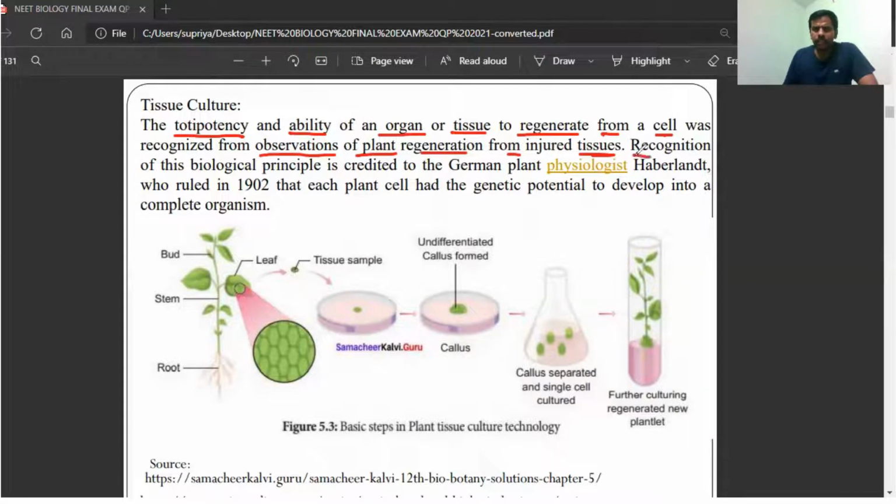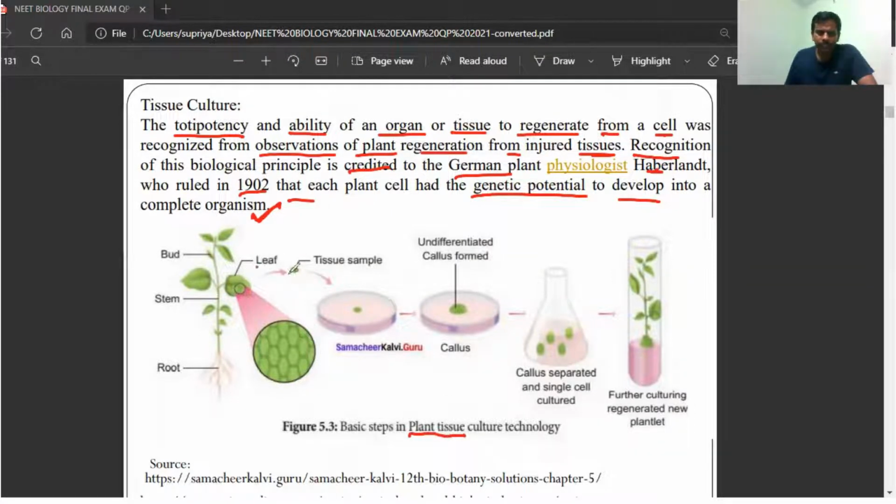Now see, student, recognition of this biological principle is credited to the German plant physiologist Haberlandt, who ruled in 1902 that each plant cell had the genetic potential to develop into a complete organism, a complete plant. Now see here, student, the basic steps in the plant tissue culture technology.